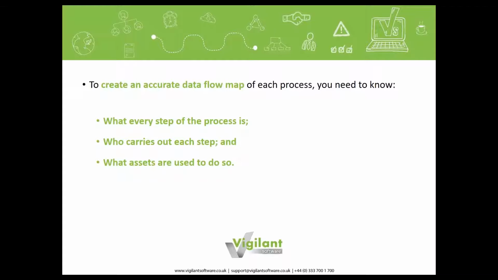So, here are the things you need to actually create your data flow map itself. Before beginning, you need to know essentially what every step of your process is. We do say having workshops is a good idea, to go around everyone within your organisation, particularly the heads of each department, perhaps the stakeholders, just to speak to everyone who's involved and really narrow down and make sure you have every step of the process.